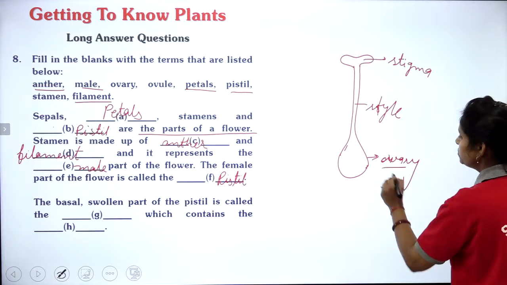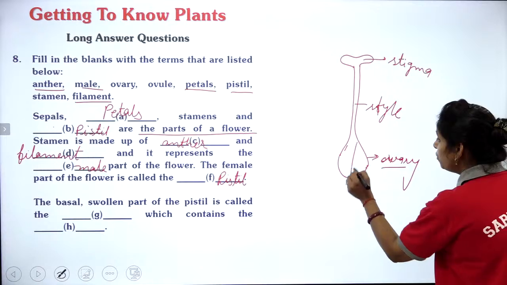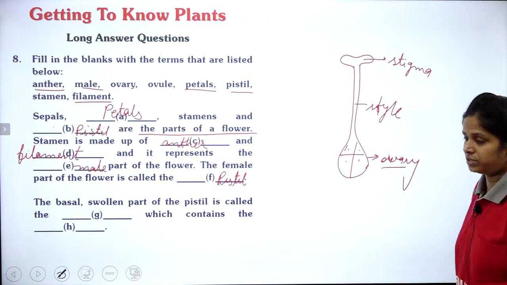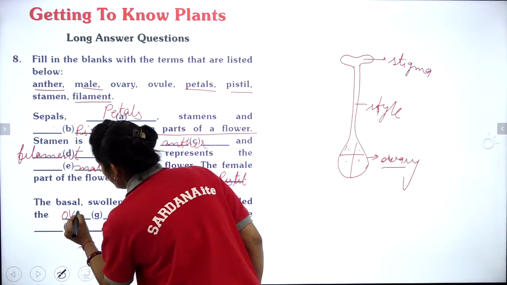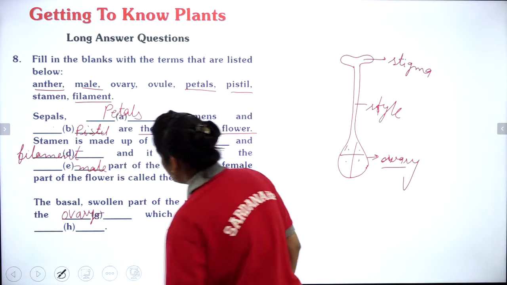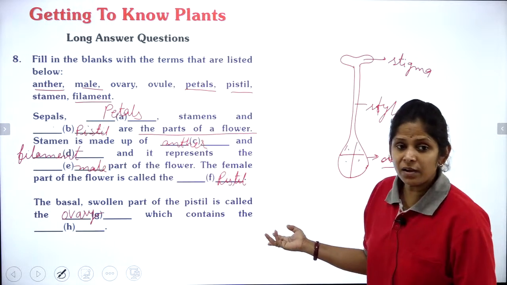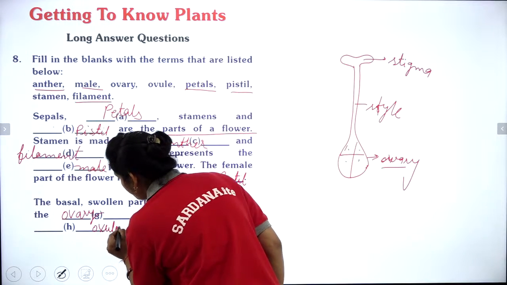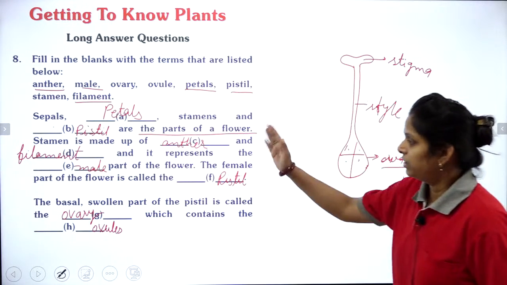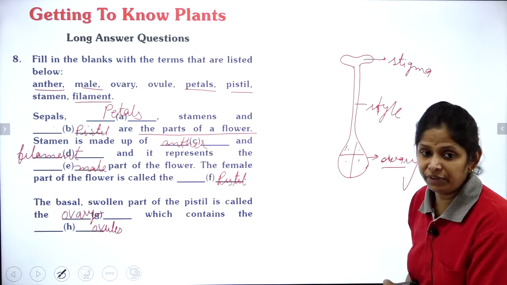Yes, it is called ovary, and this ovary contains ovules. So this swollen part is called ovary, O-V-A-R-Y, ovary, which contains the ovules. So here we will write down ovules. So you can see here all the blanks are filled. Clear?